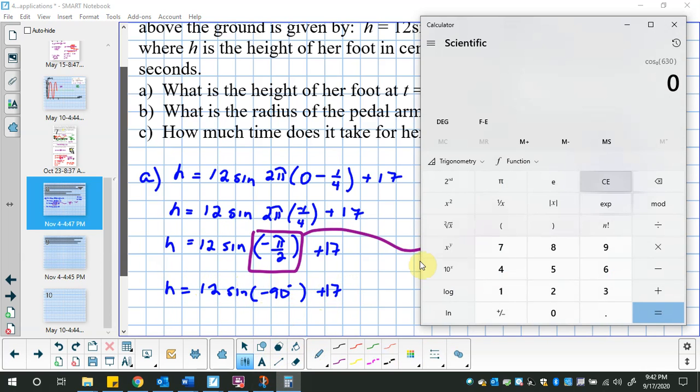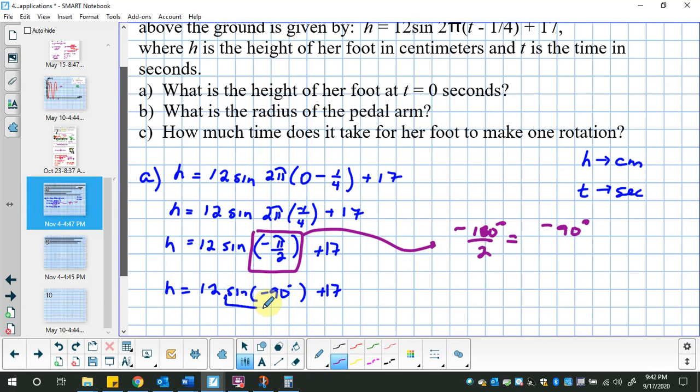And I'm going to punch this one all in, so I'm not going to show all my work. So I'm going to put negative 90 into my calculator. So I have to put the degrees in first, then I have to hit the trig. So some of you are going to have backwards button pushes. So this part right here is negative 1. All of that, you've taken care of that.